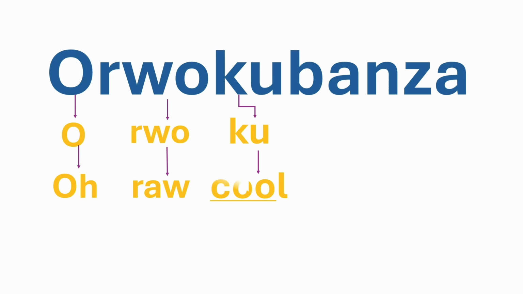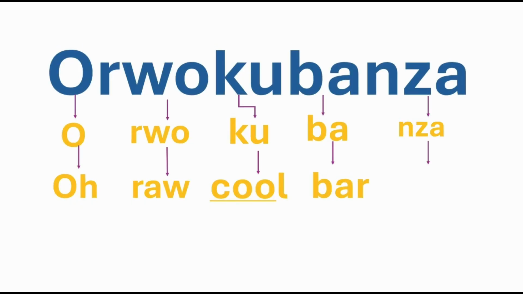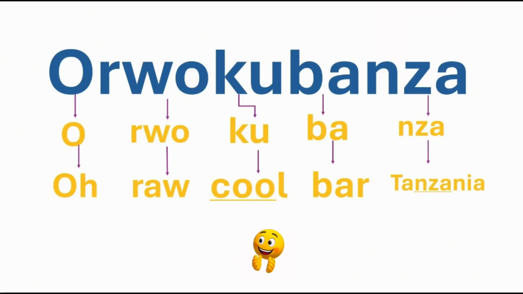Orwoku. B and A is ba, as in the English word bar. Orwokuba. NZA is nza. Orwokubanza. Write the word for Monday in the comments.